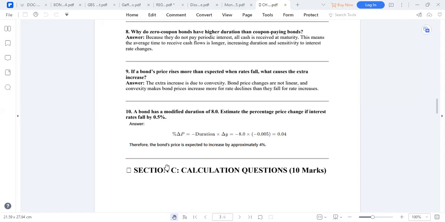Well, the extra increase is due to the convexity.